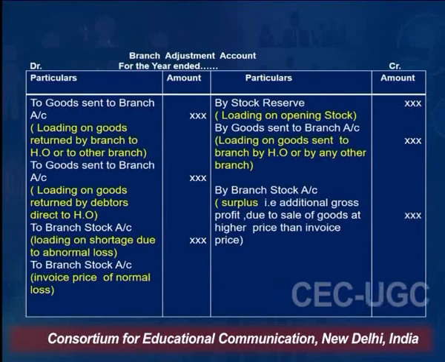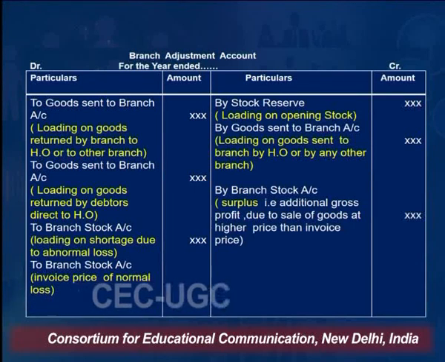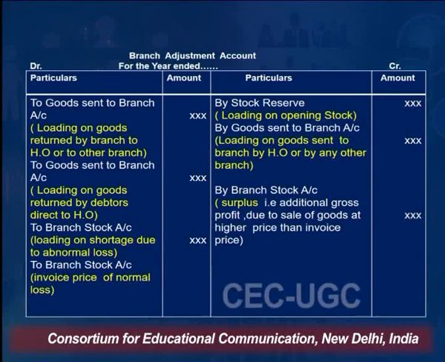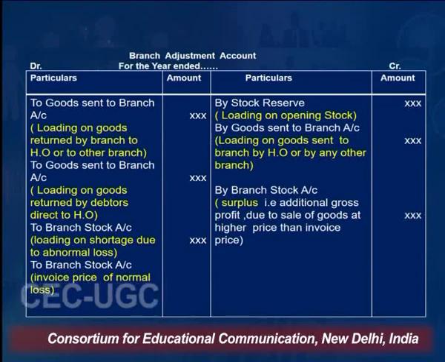So on the credit side, it is given stock reserve and it depicts the loading on opening stock. And how to show the loading in the closing stock, for that you can see at the end of this account, that on the debit side stock reserve is shown, and this is for the loading on the closing stock.